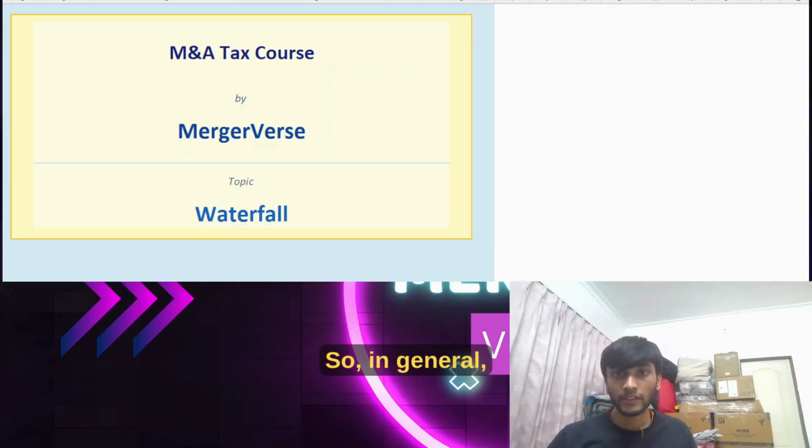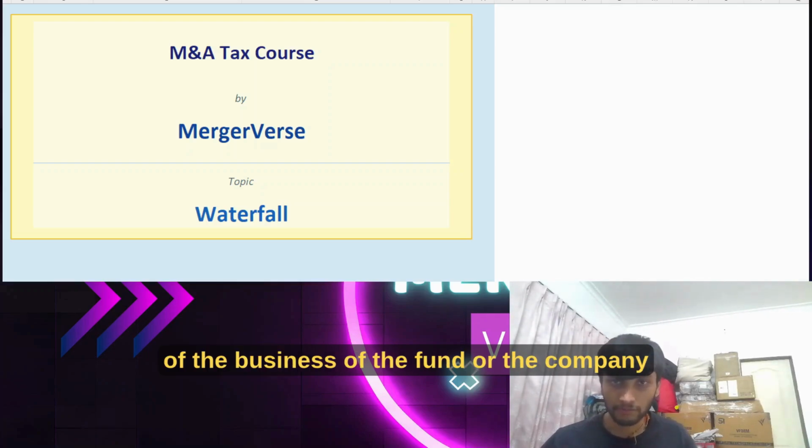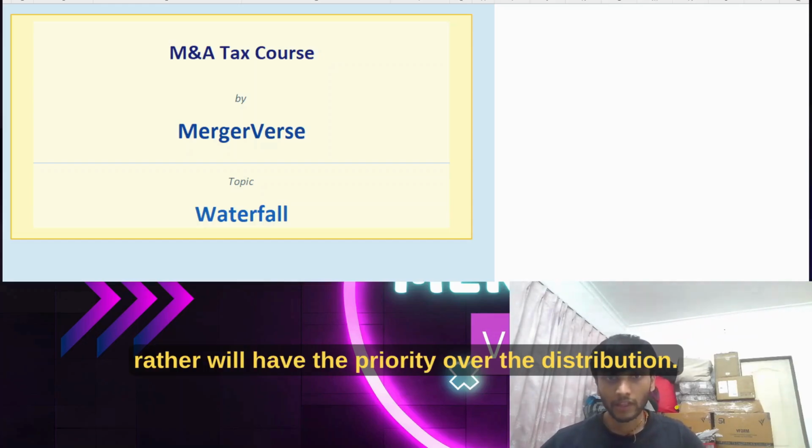In general, the third party investor outside, who does not have control over the business of the fund or the company, will have priority over the distribution.